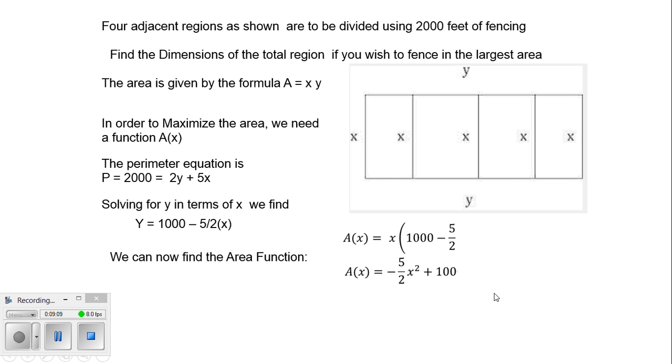The vertex is going to be the highest point, and that represents the value of X which produces the largest possible area.